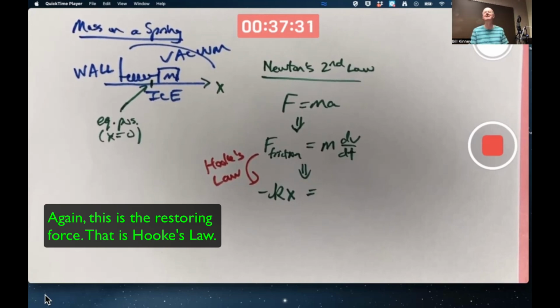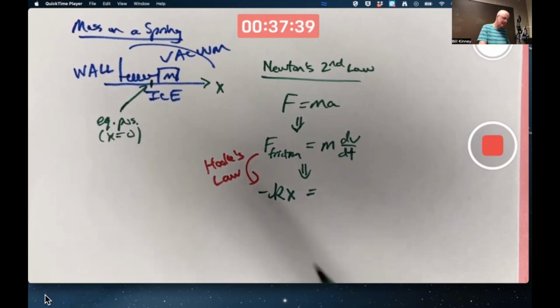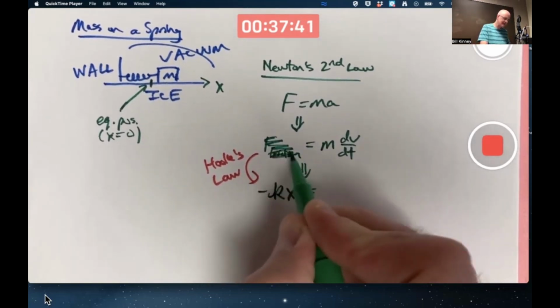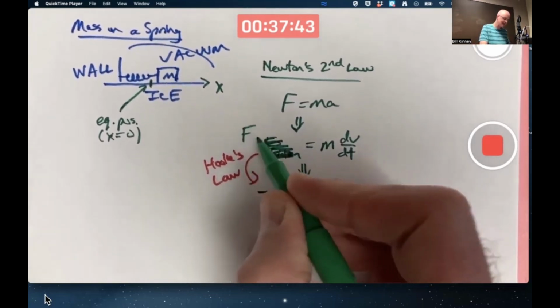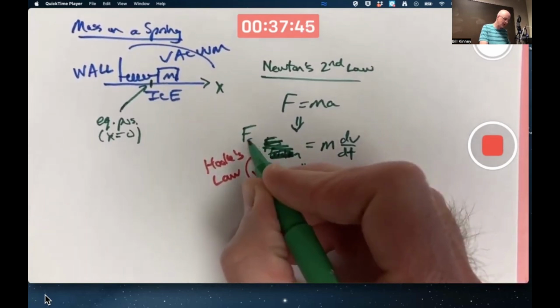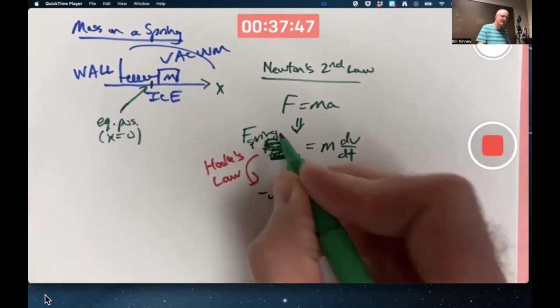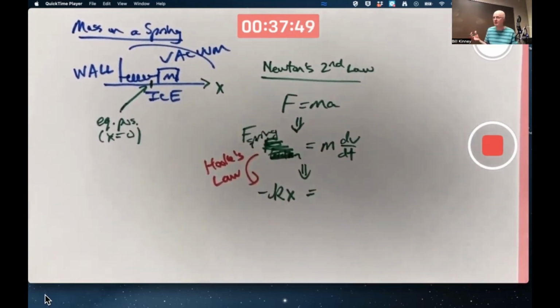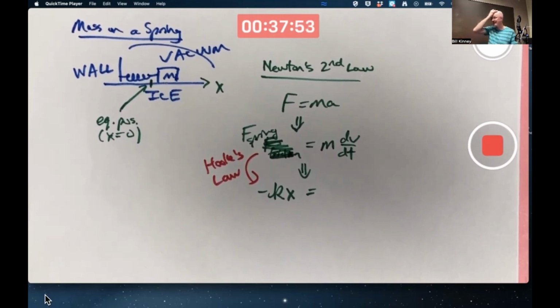Oh, I said this wrong. It's not a frictional force. I'm pretending there's no friction. Sorry, this is F sub spring. It's the force due to the restoring force of the spring. Oh, that was a bad mistake. No friction, right? Pretending there's no friction.